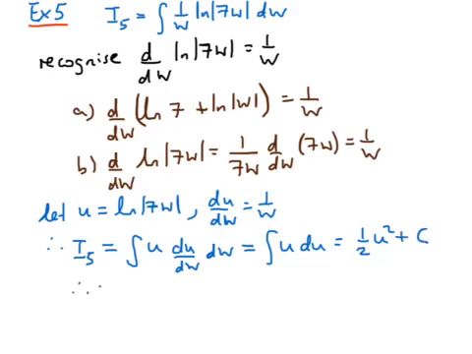So therefore I5 is 1/2, and u was the logarithm of 7w, so this is the logarithm squared of the modulus of 7w. And I emphasize that what I mean by this is the logarithm of 7w all multiplied by the logarithm of 7w.